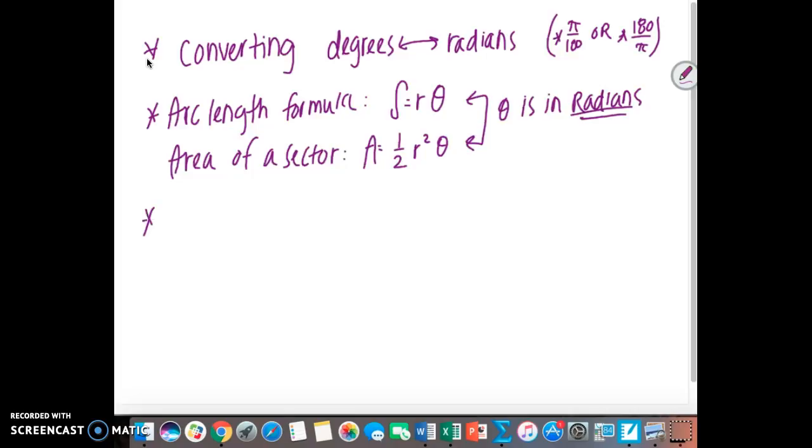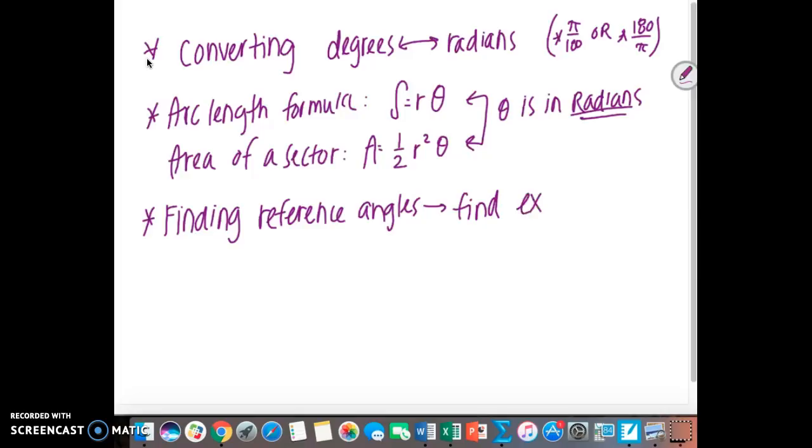Something else that will be on the test is finding reference angles. With these reference angles, you will then be asked to find exact values of trig functions, which means that you will have to use the unit circle.